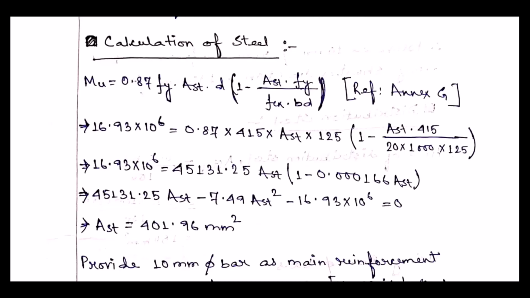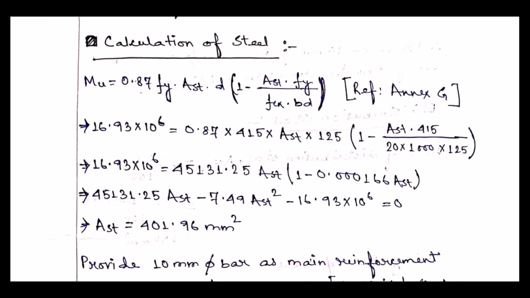As you see here, all the values have been put here, like Mu is 16.93 into 10 to the power 6 is equals to 0.87 into Fy is 415 into AST into D, effective depth is 125, within bracket 1 minus AST into Fy, that is 415 by Fck, that is 20 into 1000 into 125.